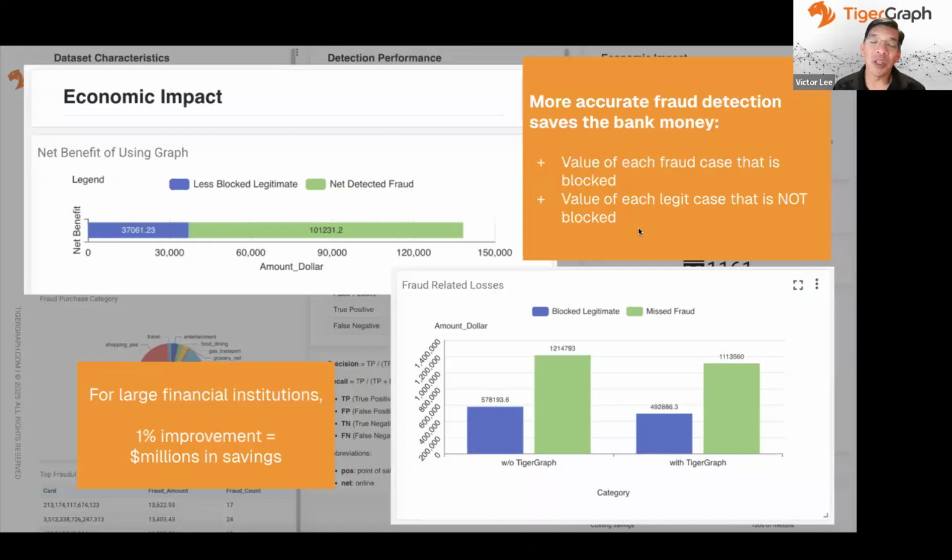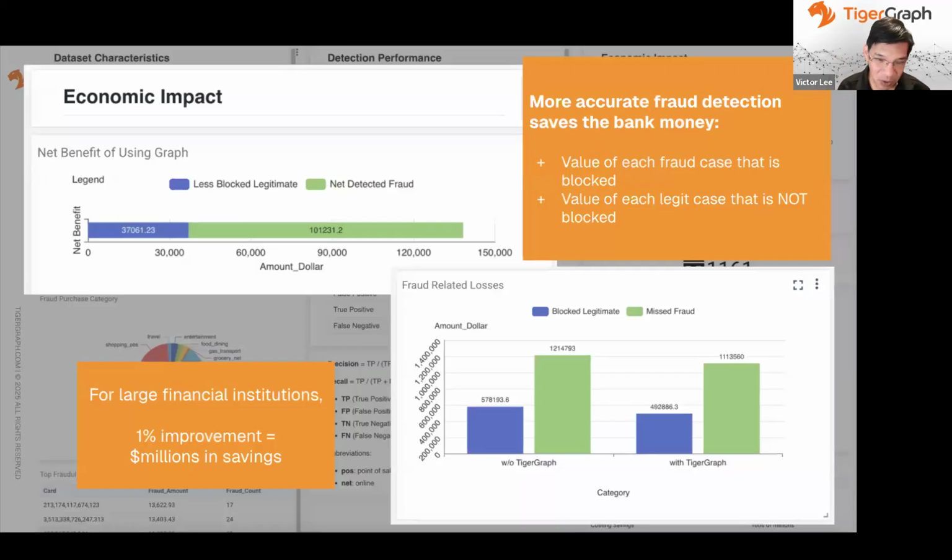But also, when you do not block a legitimate case, but previously you were, that also is money saved. Because now you've allowed that business where previously you were not allowing that business. And that's how they make money. They make a little percentage on each transaction. So even for our larger financial institutions, just 1% of improvement means millions of dollars in savings every year.